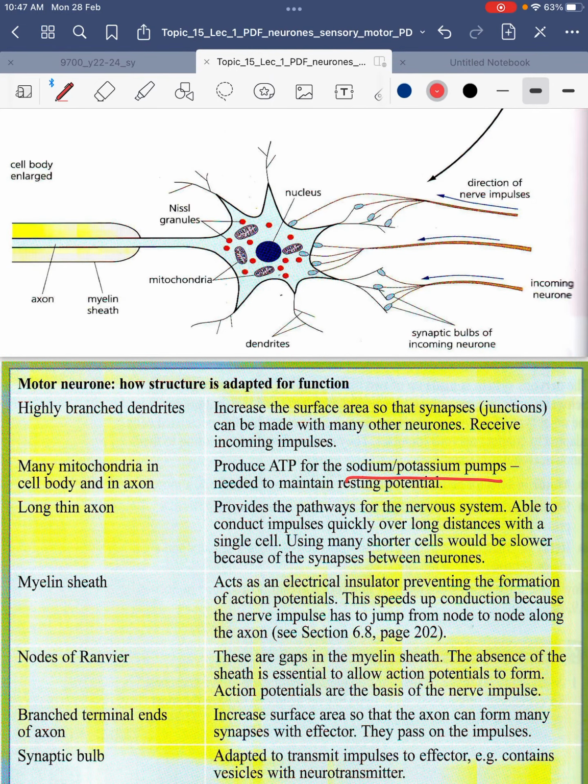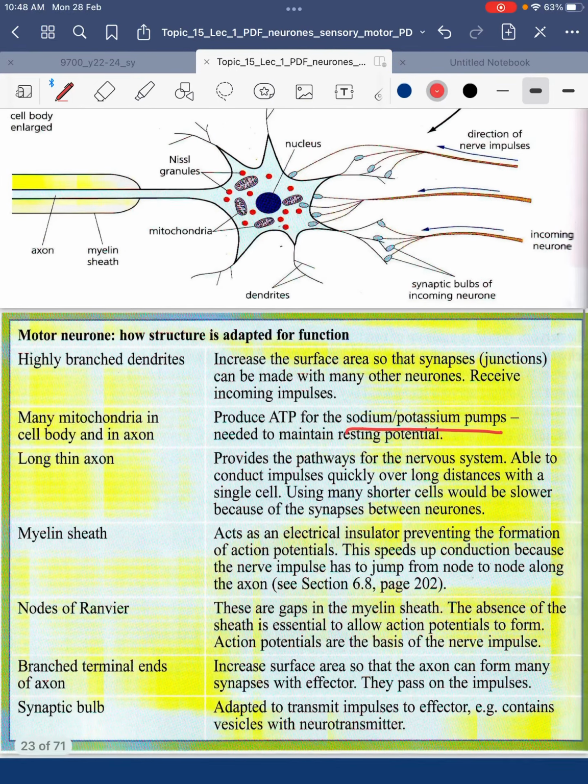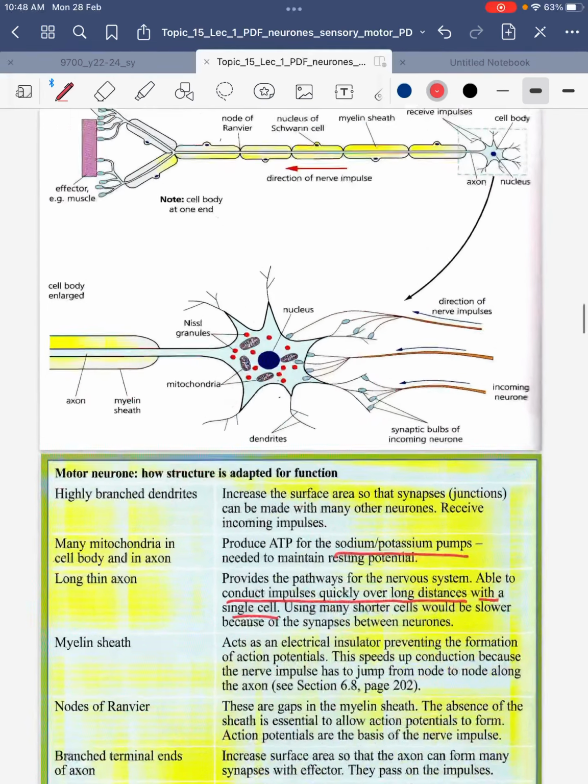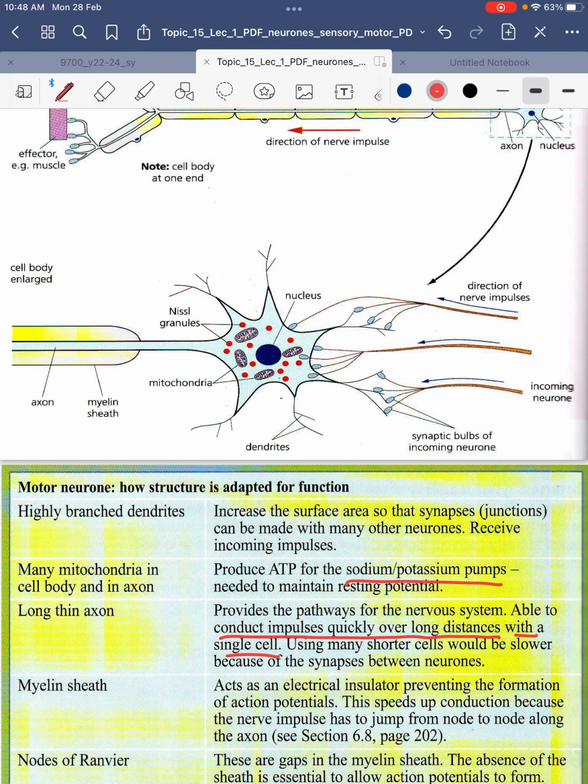Long and thin axon. This is to conduct impulses quickly over long distances with a single cell. So imagine if the neurons are very, very short, they have to pass the message from here to here, and from here to here, and from here to here.